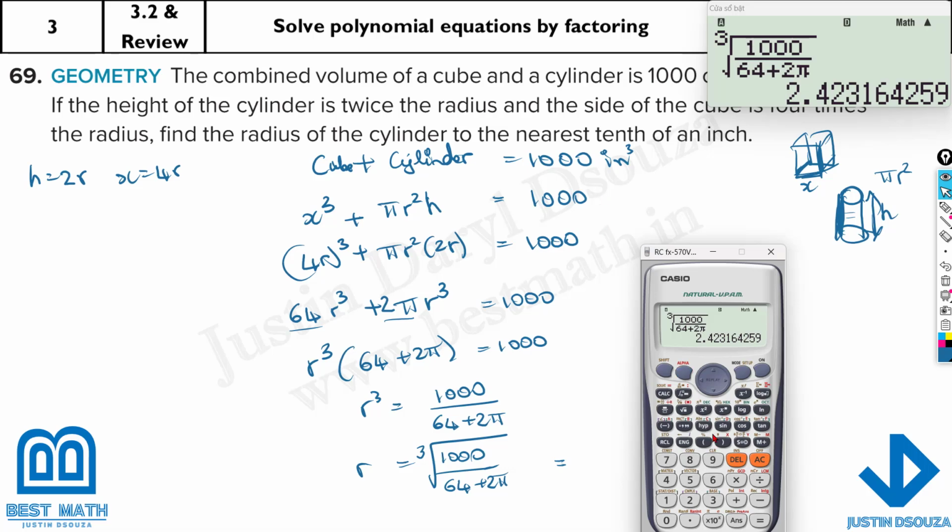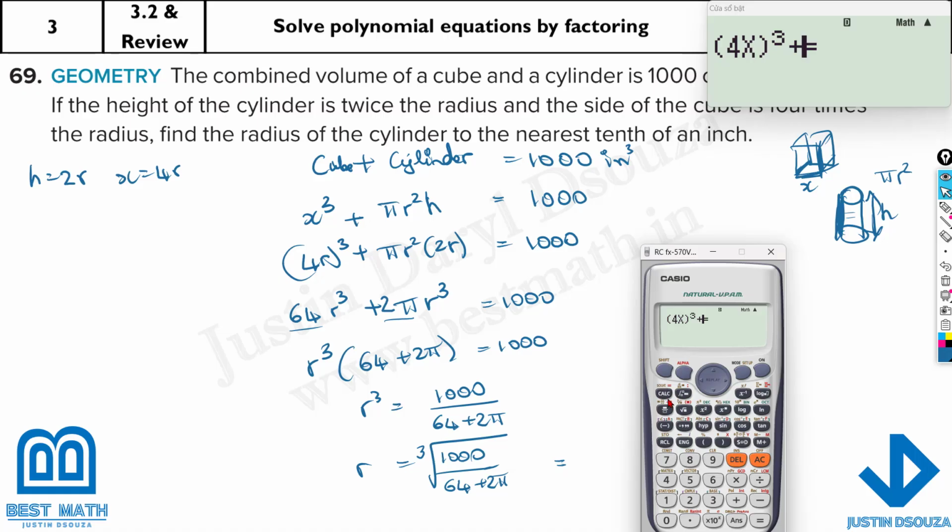Check it out over here. Now, okay, this is not possible, you can't take it as x. From this step, once you substitute in terms of r, open the bracket, it's 4 times radius, which we consider as variable x, close the bracket, cube it to the power 3. Sorry, it's not equal to, it's plus.